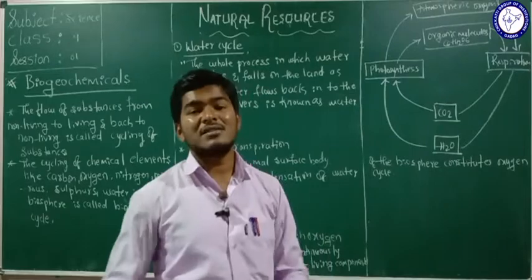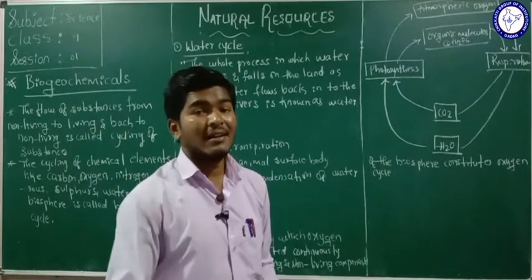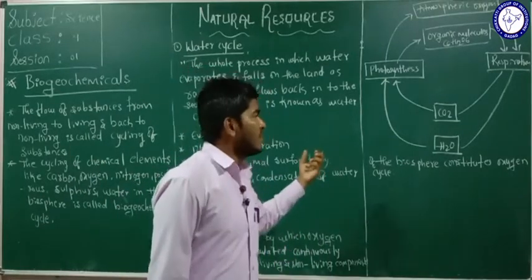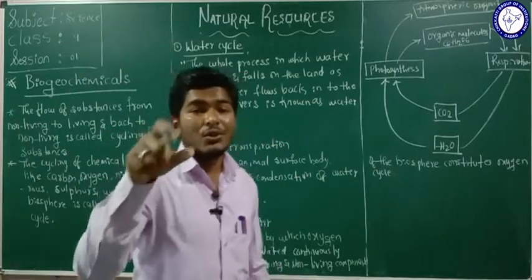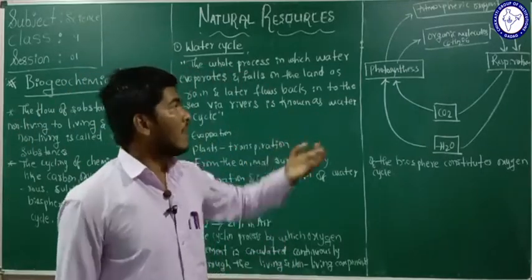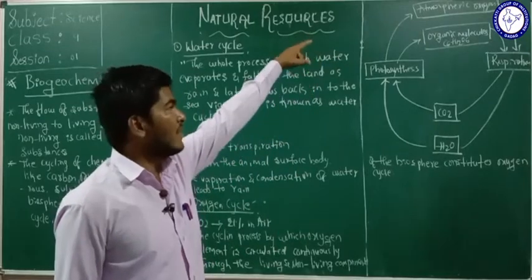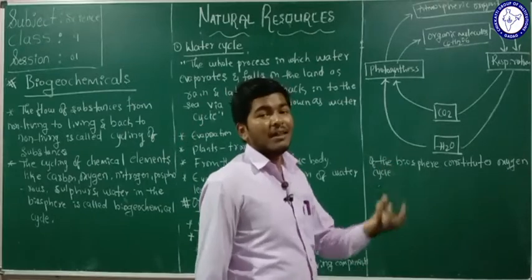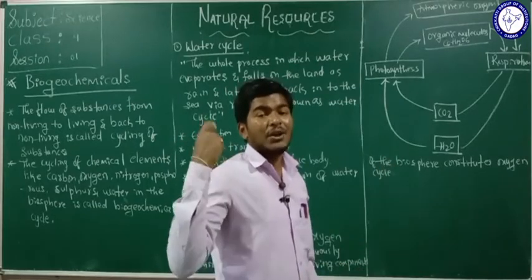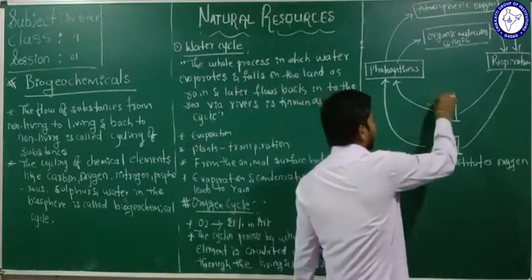So how the oxygen will be recirculated in the atmosphere, we will see now. In the respiration process, all living organisms, including plants, respire the oxygen present in the atmosphere, and then they release carbon dioxide here, isn't it?